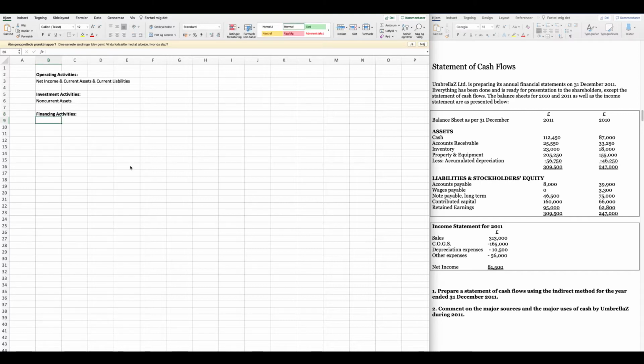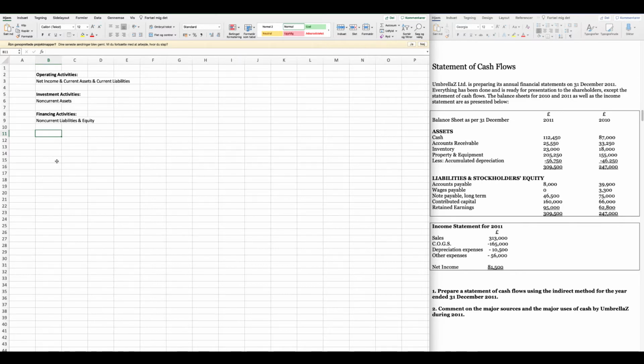What this includes are non-current liabilities and equity. So essentially, in the financing activities section of the statement of cash flows, we'll be looking at changes in non-current liabilities as well as changes in the equity. For now, this is just to set the scene. We'll be applying this to the exercise in a few moments when we're done with this brief introduction.